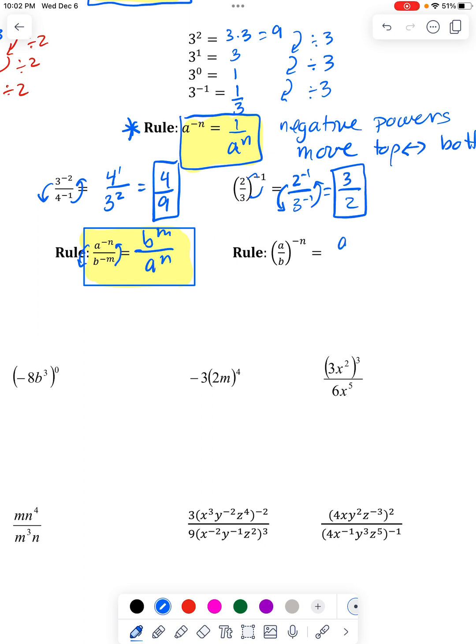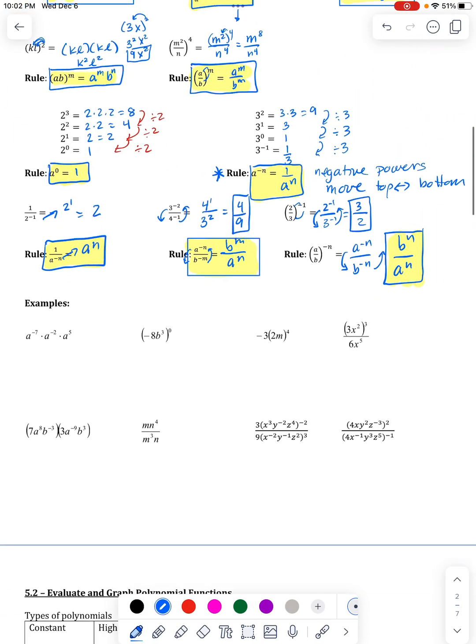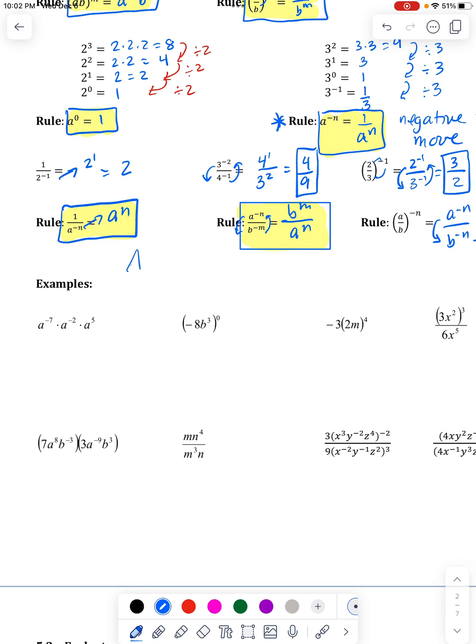So this is just another specific case, because if I distributed that negative power, then this has to go up to become positive powered, and this has to come down to become a positive power on the bottom. You really cannot have any negative powers in your answer. So just as a reminder, when you get to doing these problems, your answers should have no negative powers.